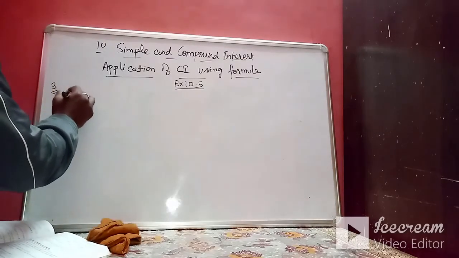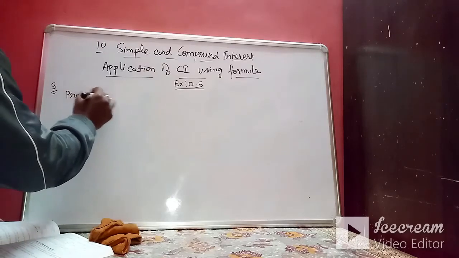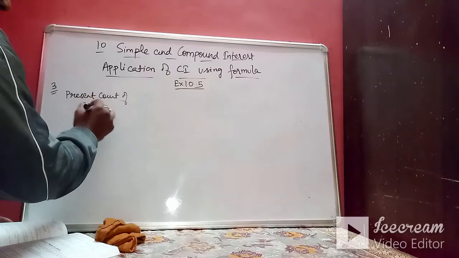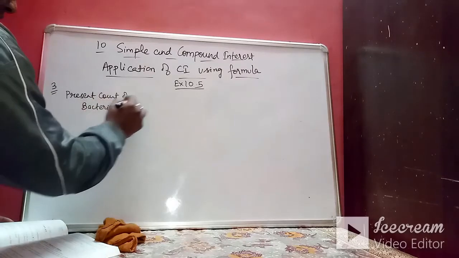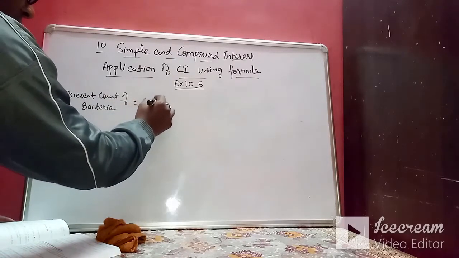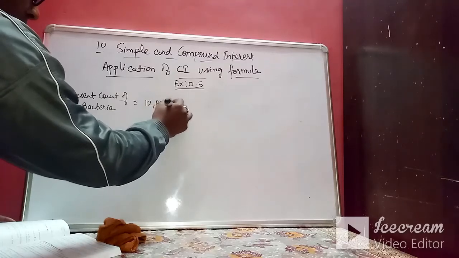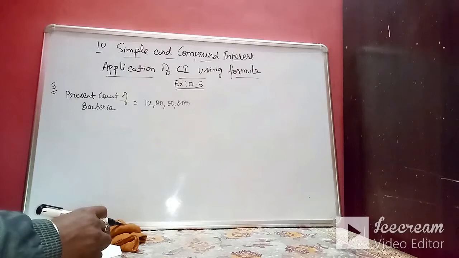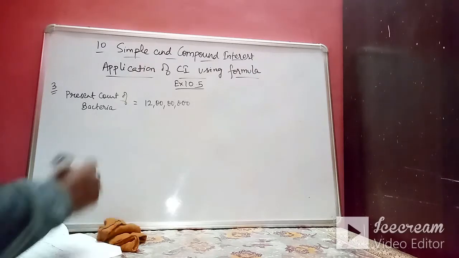So the present count of bacteria, which will be our principal, is 12 crore. We have to calculate its count after 3 hours.